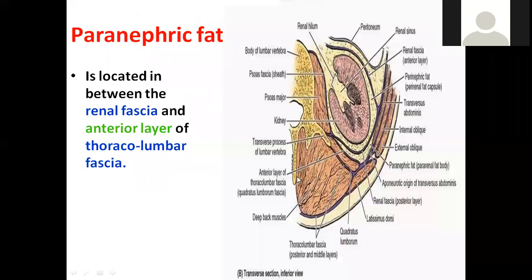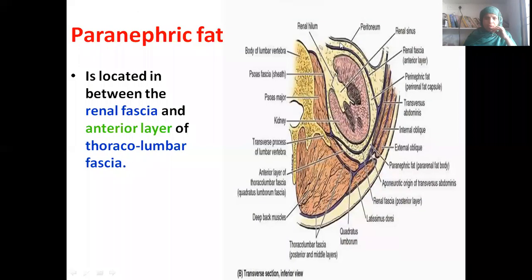The last one is very, very easy. The outside fat, outside the renal fascia, whatever fat is there, that is paranephric fat. It is located between the renal fascia and the anterior layer of thoracolumbar fascia. Here you will get the thoracolumbar fascia, this black line.